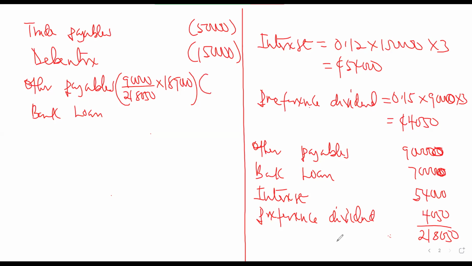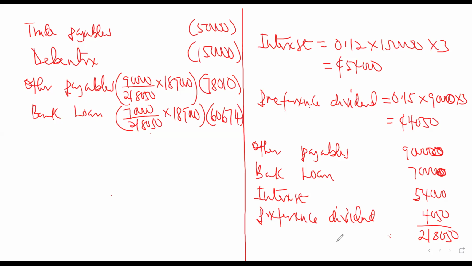So let's come to 70,000 divided by 218,050 multiplied by 189,000. We get 60,674. Okay, 60,674.